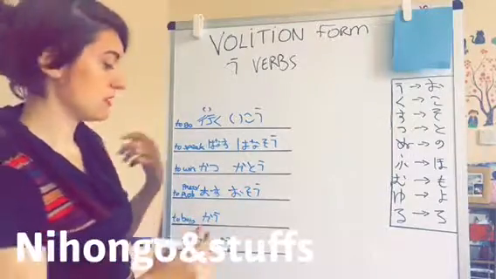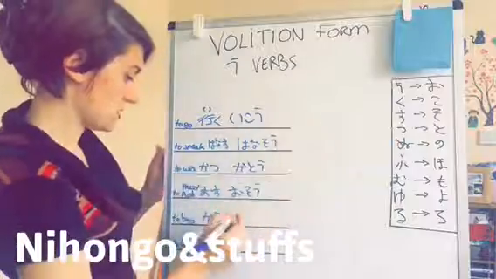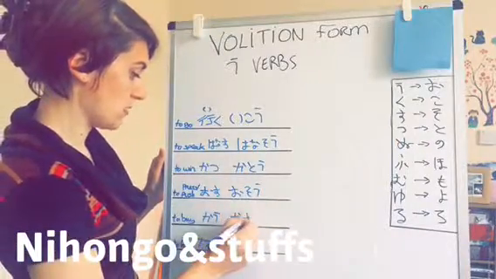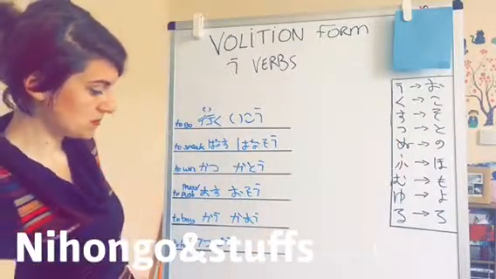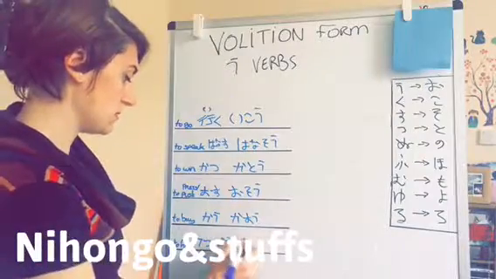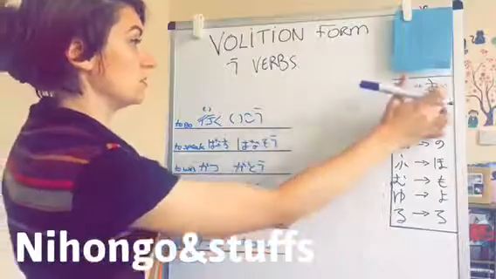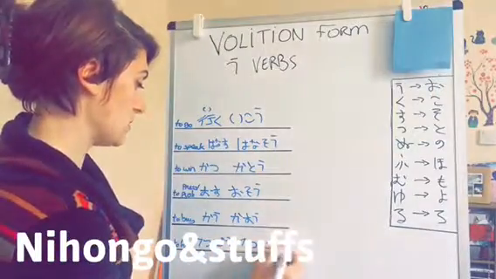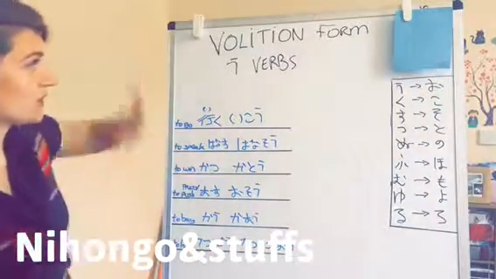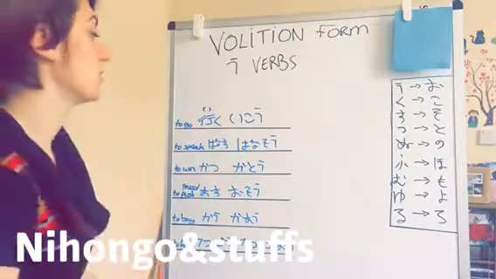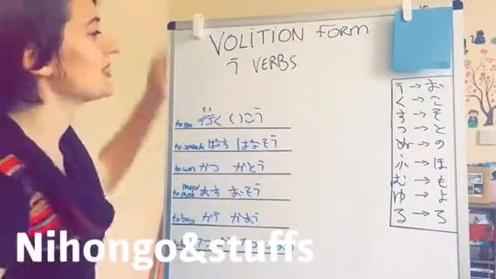To buy, kau, u being o, kao. And to help, tetsudau, so tetsuda-u becomes o. And that's your u verbs.